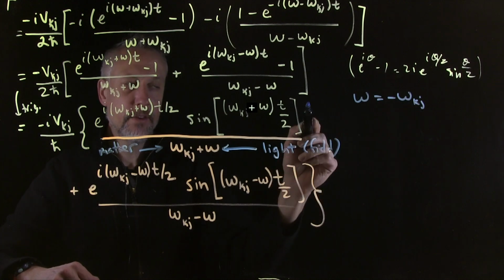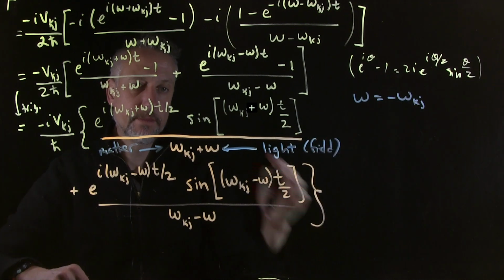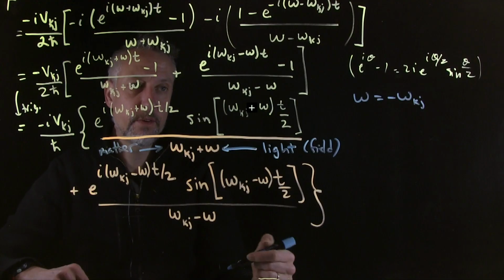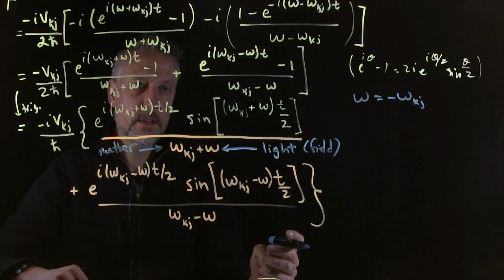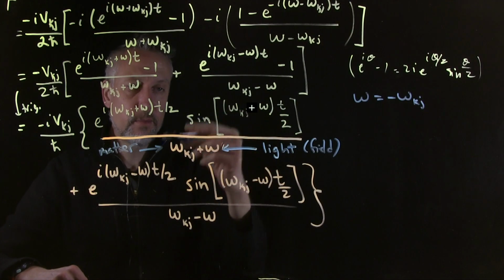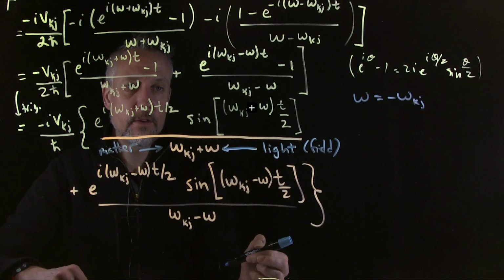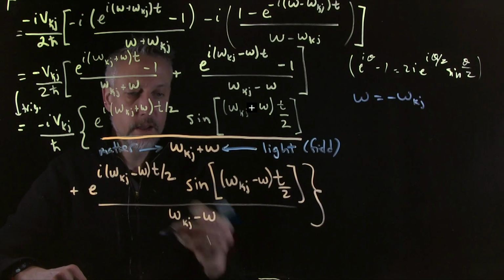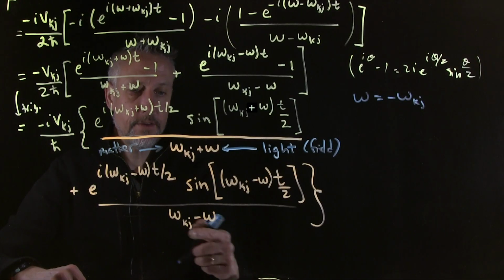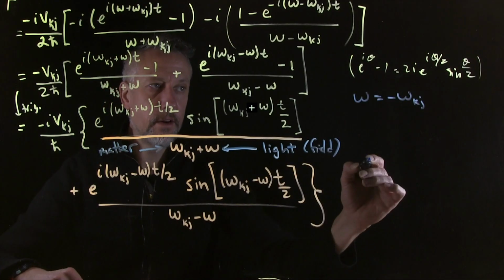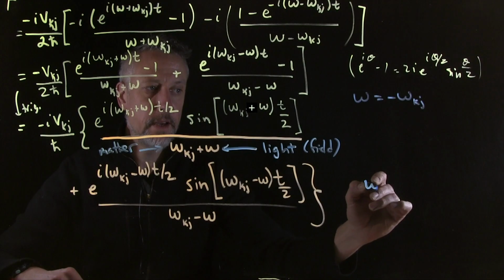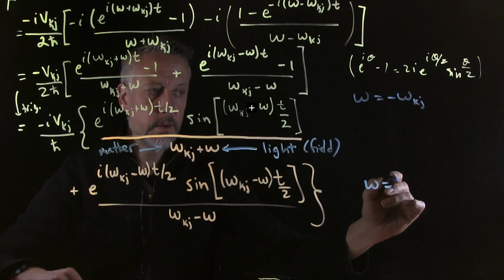If this is the case, the first term will be very, very large, so in principle it would go to infinity. In practice, that doesn't really happen; you'll see this part will keep it from going to infinity. All right, down on the bottom, what's the difference here? We want this thing to be 0, but when this thing is 0, that would be omega is equal to omega_kj.